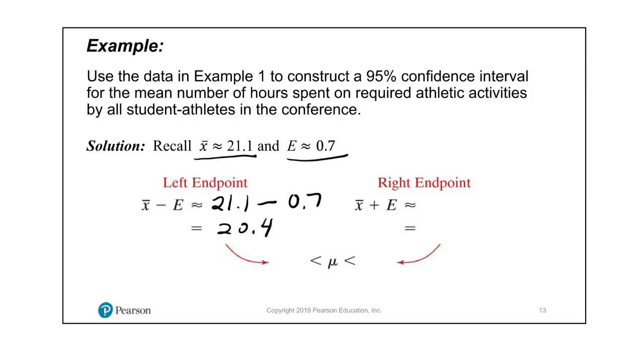At the right endpoint, we take 21.1, our x bar, and add 0.7, the margin of error, giving us 21.8. And that tells us that our interval is from 20.4 to 21.8.